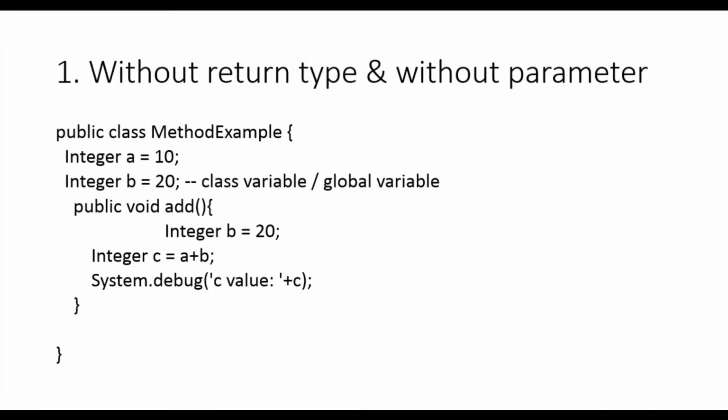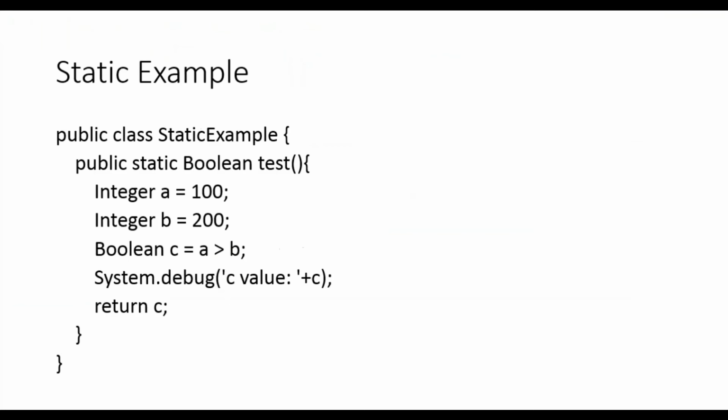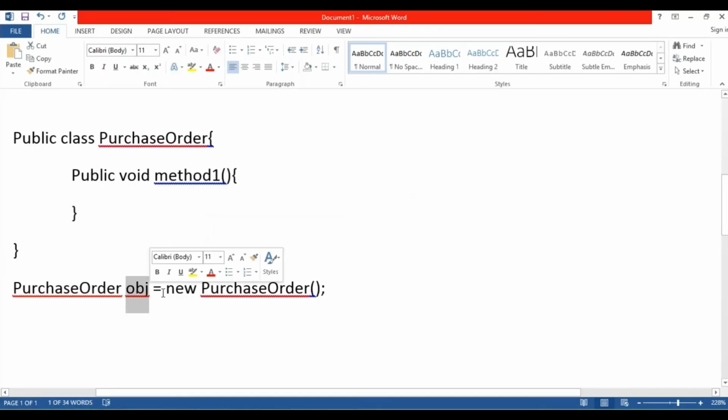Before going to methods, let me explain the constructor. If you want to instantiate, you need a constructor. This part is the constructor. A constructor has the same name as the class name.